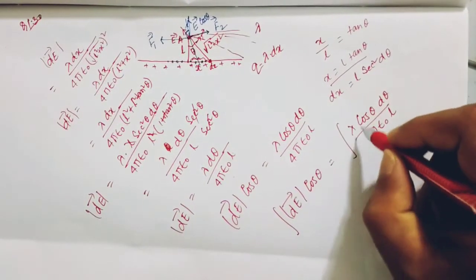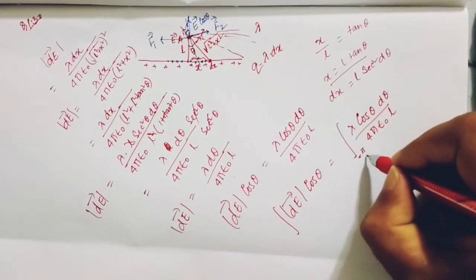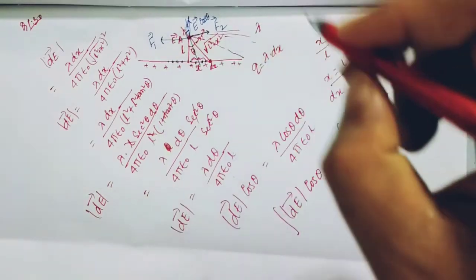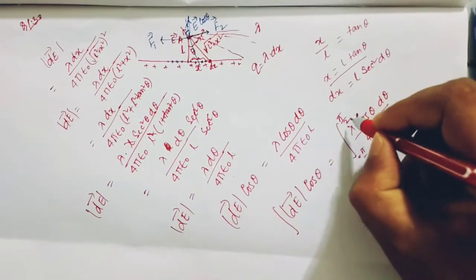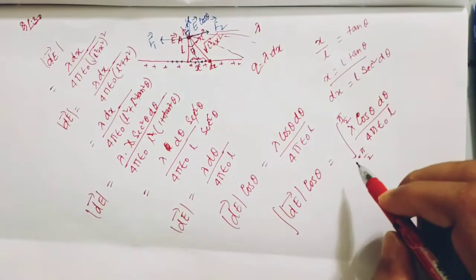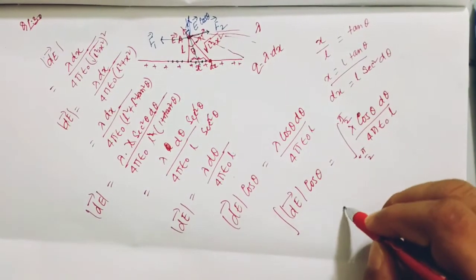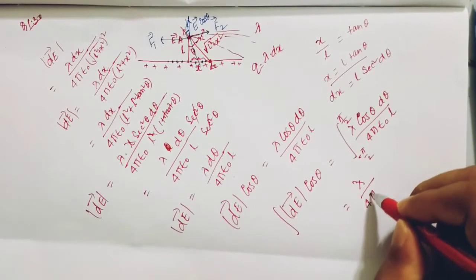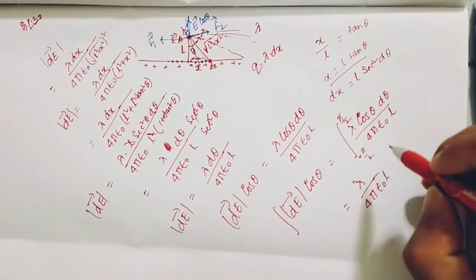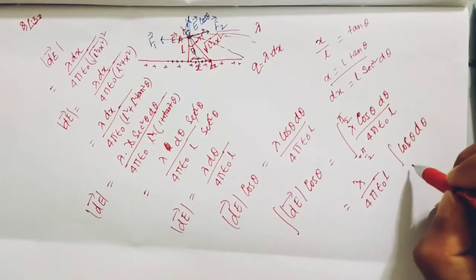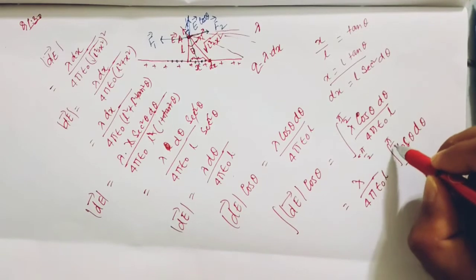So theta will be minus pi by 2 on this side and plus pi by 2 on this side. It will work in the range of theta from minus pi by 2 to plus pi by 2. These are constants, lambda over 4 pi epsilon naught L, so let them come out of the integration, and the remaining is cos theta d theta from minus pi by 2 to pi by 2.